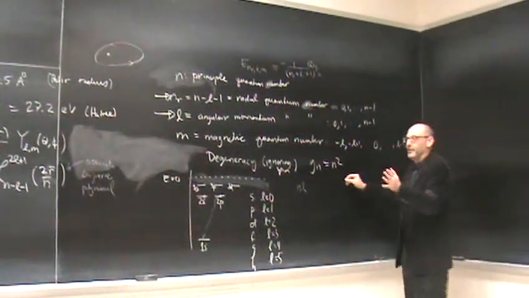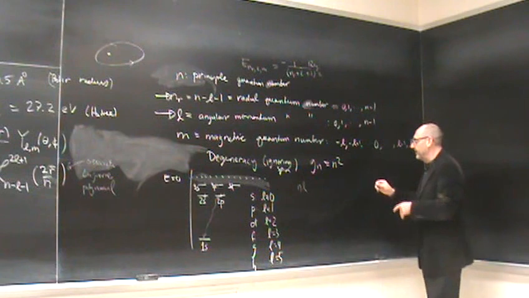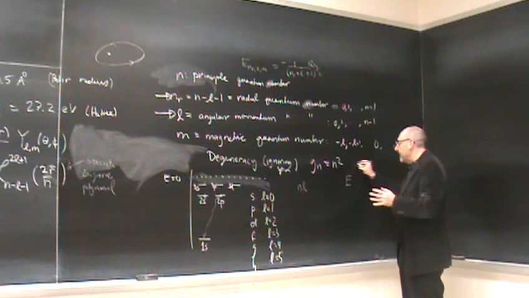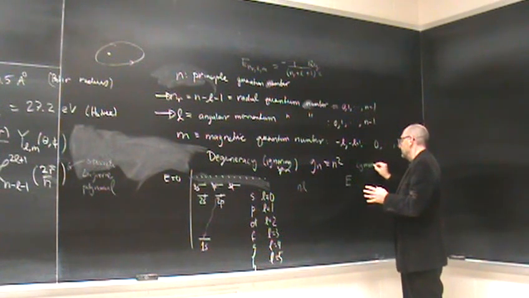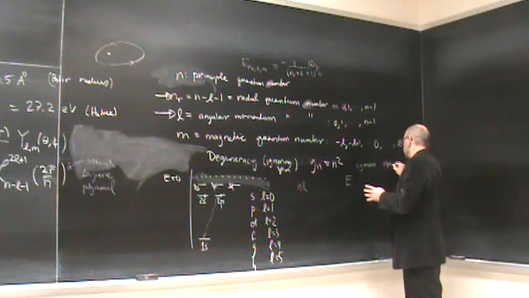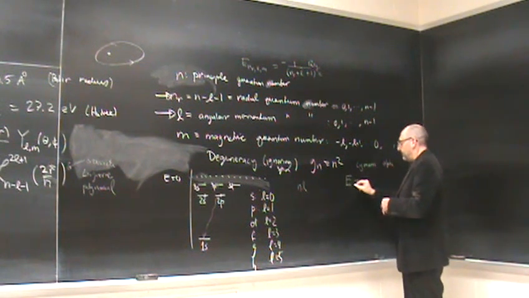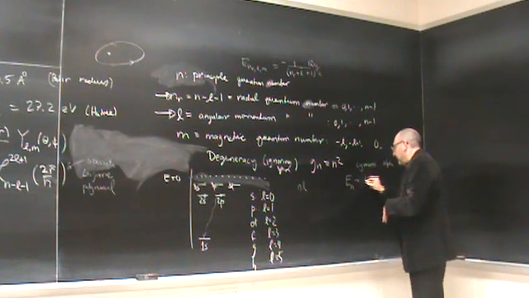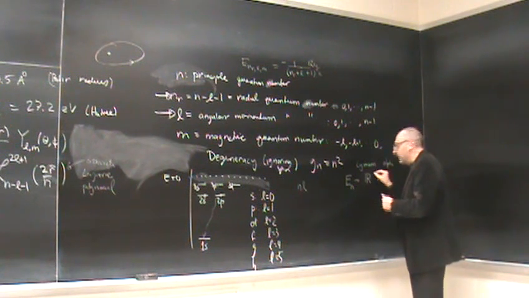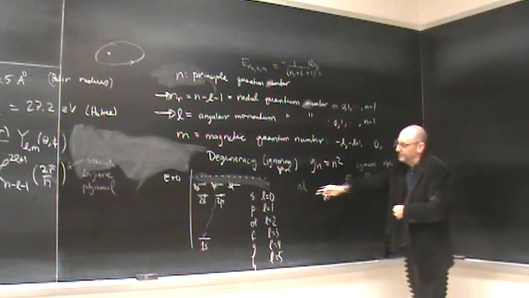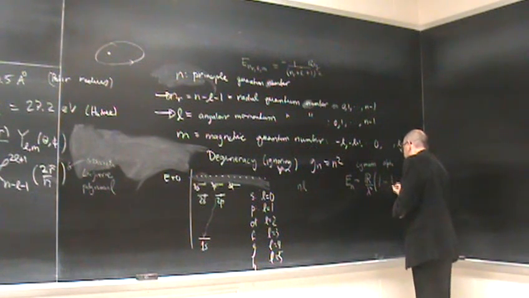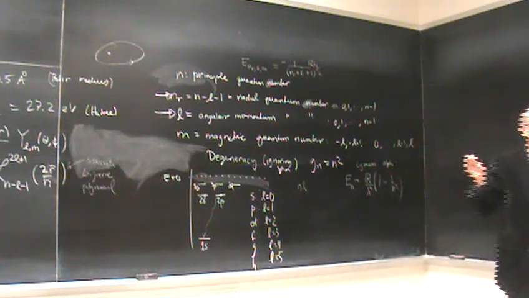And Rydberg came up with this empirical formula, which said that the energies of the wavelengths in the Lyman alpha series were given by some numbers n, and there was some constant that we now call the Rydberg constant. It's related to this Rydberg with h bar and c times 1 over lambda squared, 1 minus n squared. That was an empirical formula.